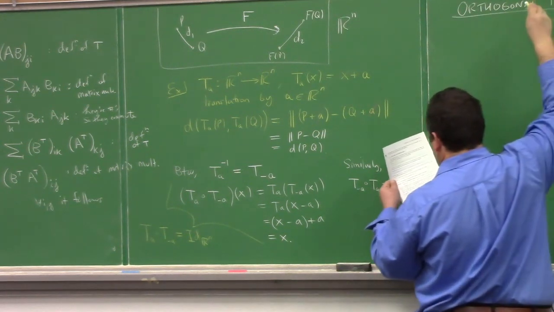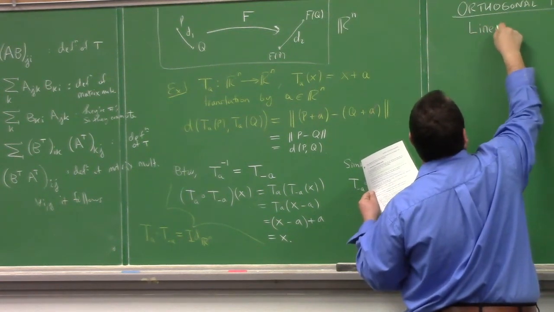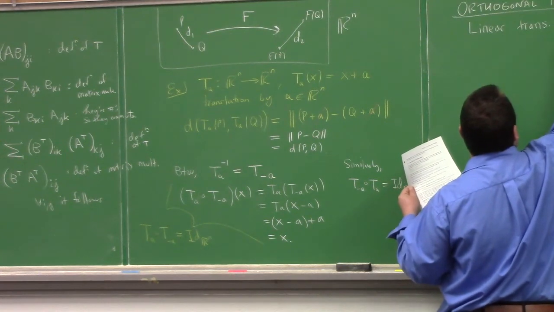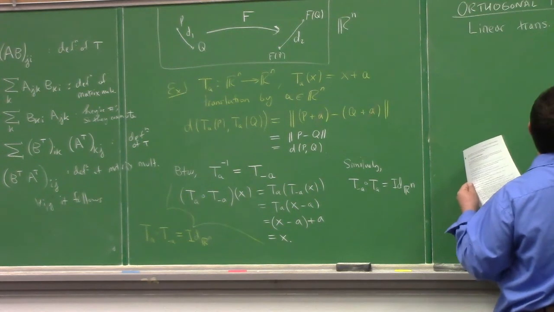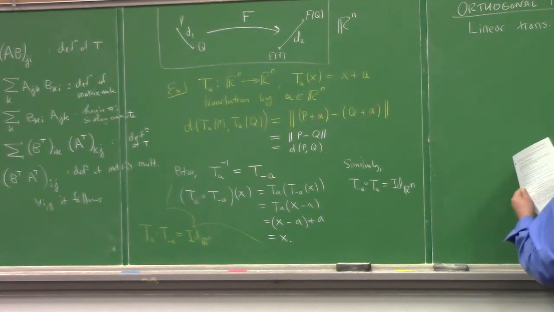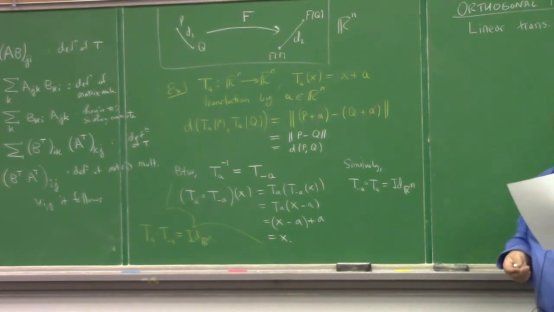So here, this is a linear transformation, let's say R from Rn to Rn, such that the matrix of R transpose times the matrix of R is equal to the identity matrix. This is an orthogonal transformation.